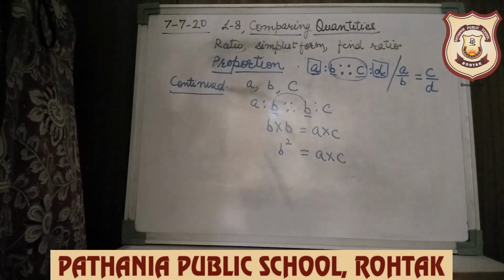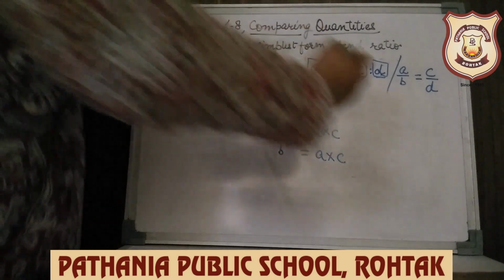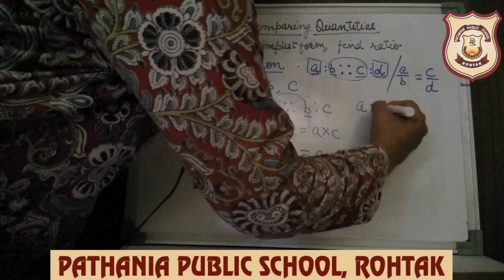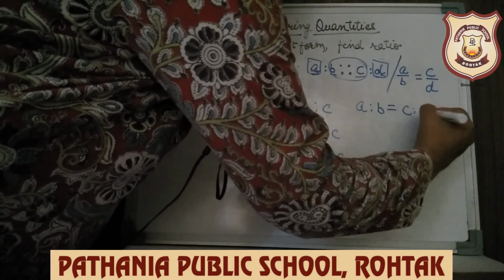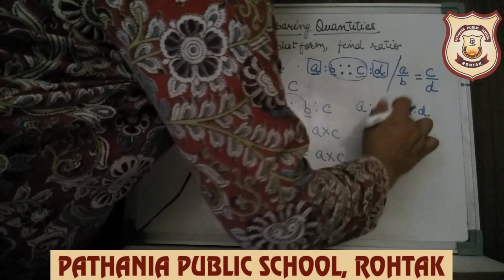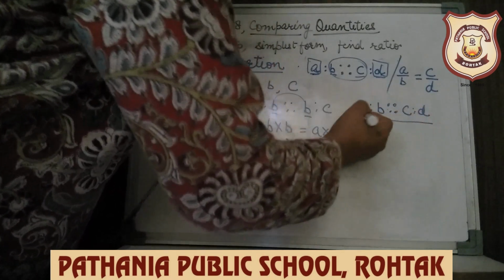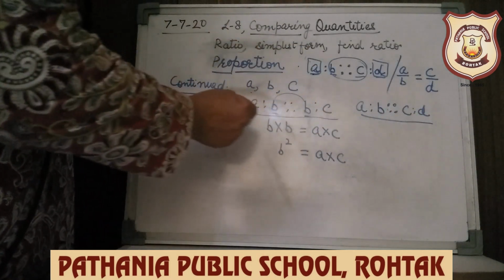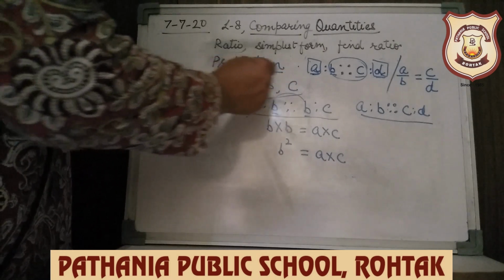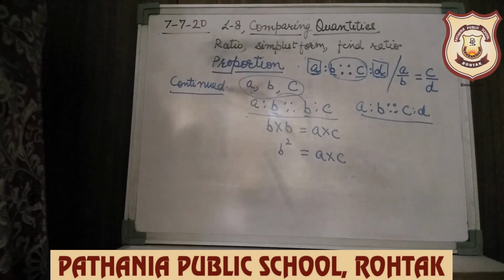Whether all 4 quantities are different, like A is to B equal to C is to D, that is also a proportion. But this case comes when you are given 3 terms and you have to show that they are in continued proportion.